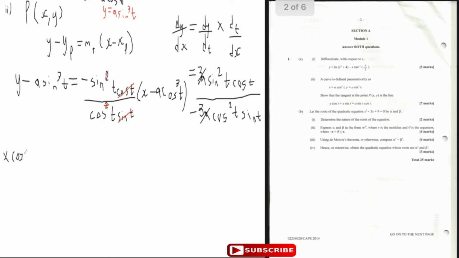By multiplying by cos t, we get y cos t, then multiplying this by cos t, minus a cos t sine cubed t.